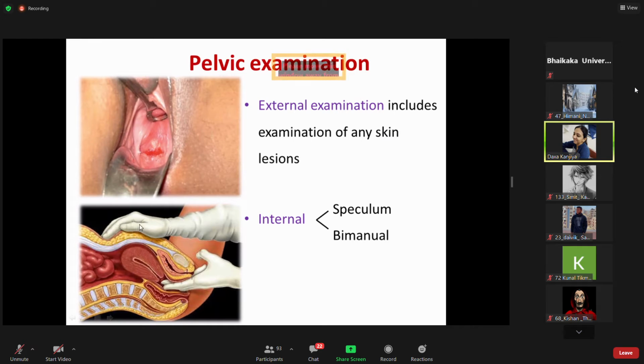One hand is put above the pubic symphysis and two fingers are inserted through the vagina, and you can palpate the outline of the uterus with the help of the hand above the pubic symphysis. So this technique is called the bimanual technique for the examination of the uterus.